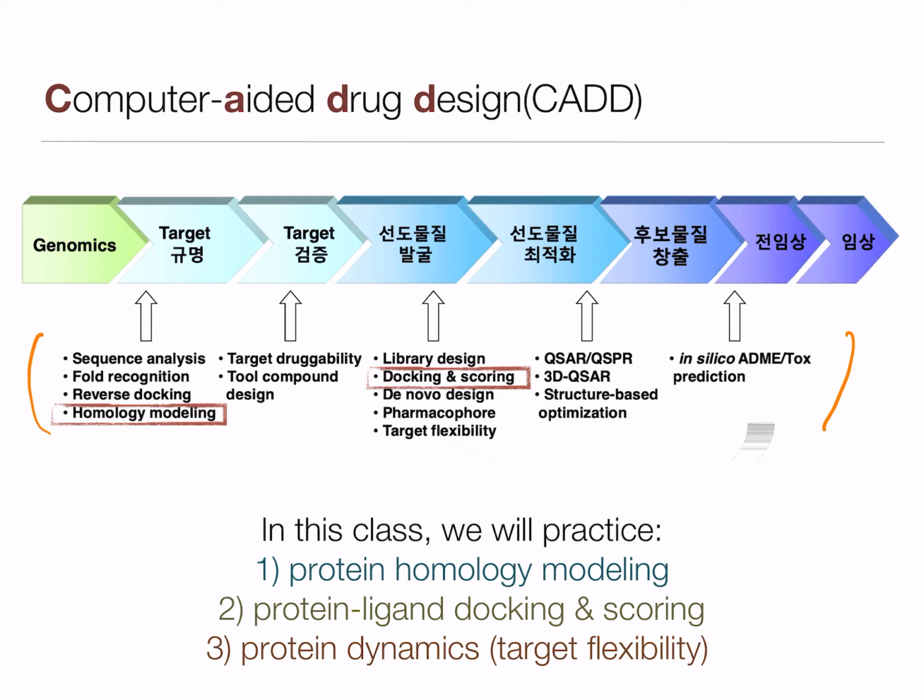For target validation, we can check target druggability or tool compound design. During lead compound discovery and lead optimization, we can do docking, de novo design, QSAR and so on. After that, we can do in silico predictions. Here in silico means using computers, because computer chips are made from silicon, right?